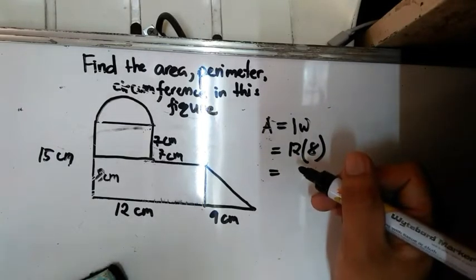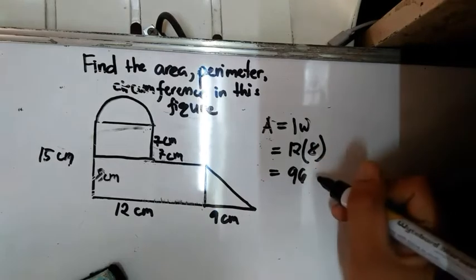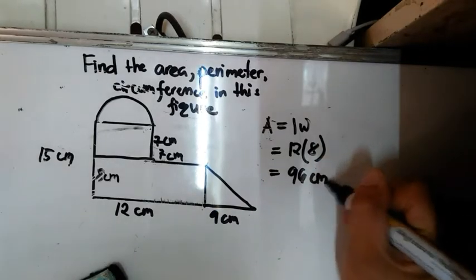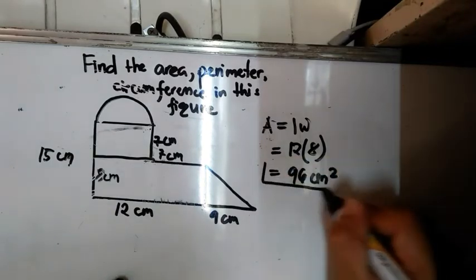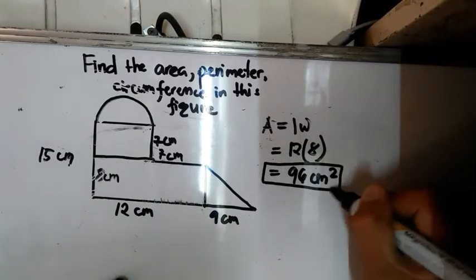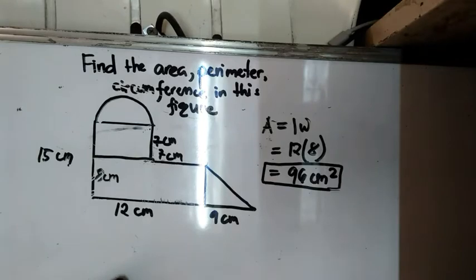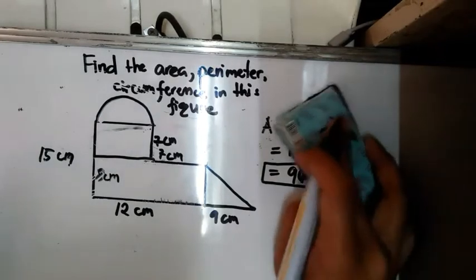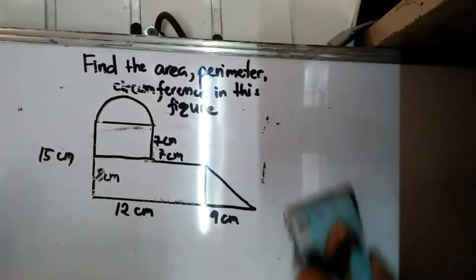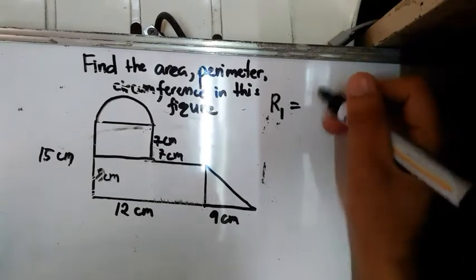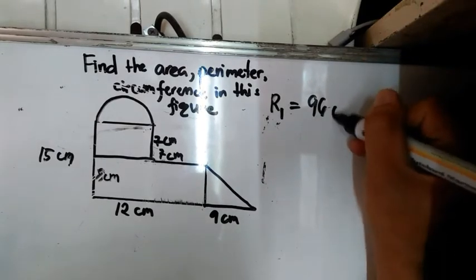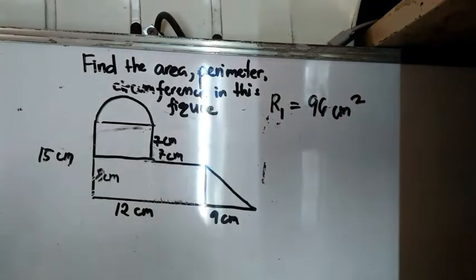Total of 96 centimeter square. So the first rectangle is 96 centimeters square.